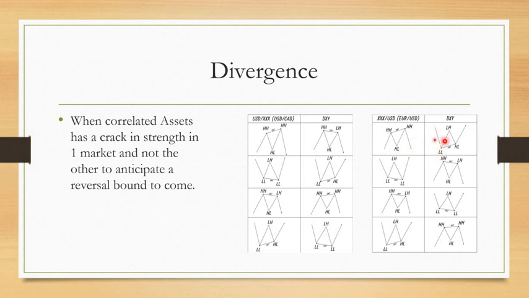Okay, so this is an added confluence on top of this. So what we want to look for, anticipating a reversal to come, is we want to be paying attention to these linear assets that are going to have an SMT at the highs or an SMT at the lows to find a reversal that is about to happen.